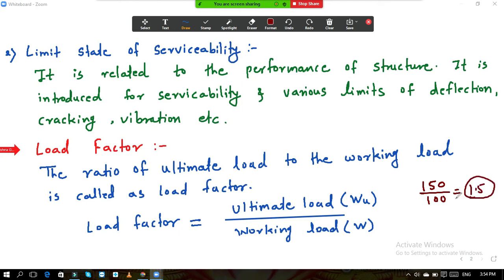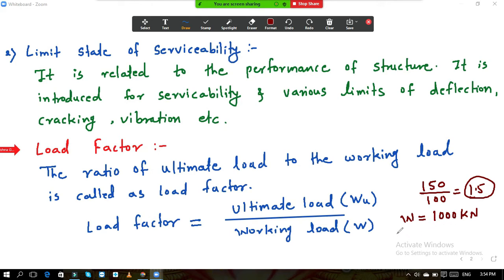So what we always do in the limit state of design is multiply the working load by the load factor. Suppose a structure carries a working load W of 1000 kilonewton, acting on a column.